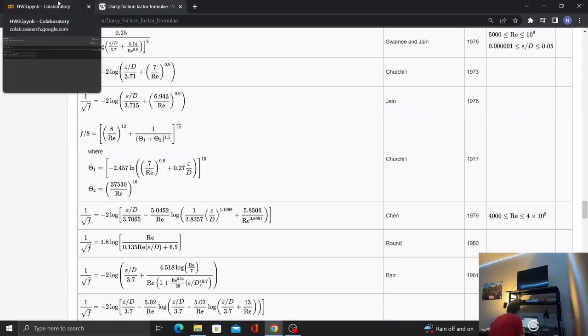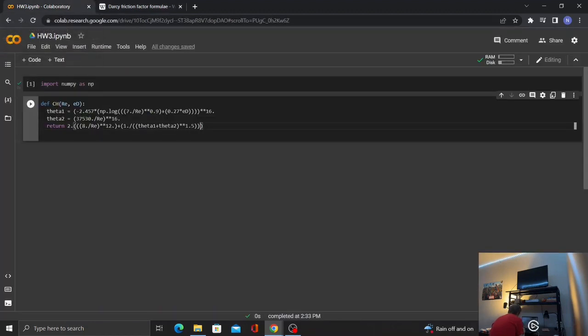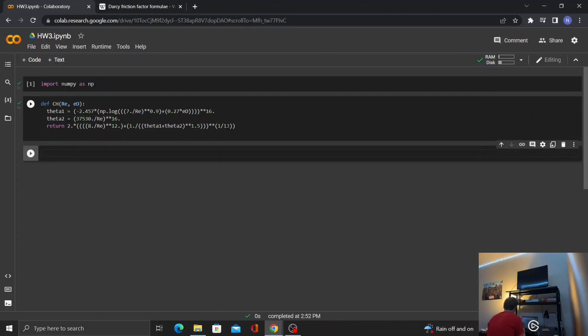Okay, all that to the 1 over 12 times. Okay, so that should be the Churchill equation as a function in Python.